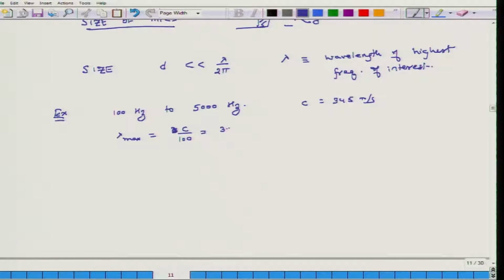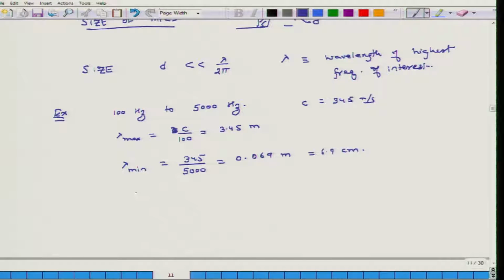So, that comes to 3.45 meters. And the minimum wavelength corresponds to 5000 hertz. So, lambda min equals 345 divided by 5000, and that comes to 0.069 meters or 6.9 centimeters.